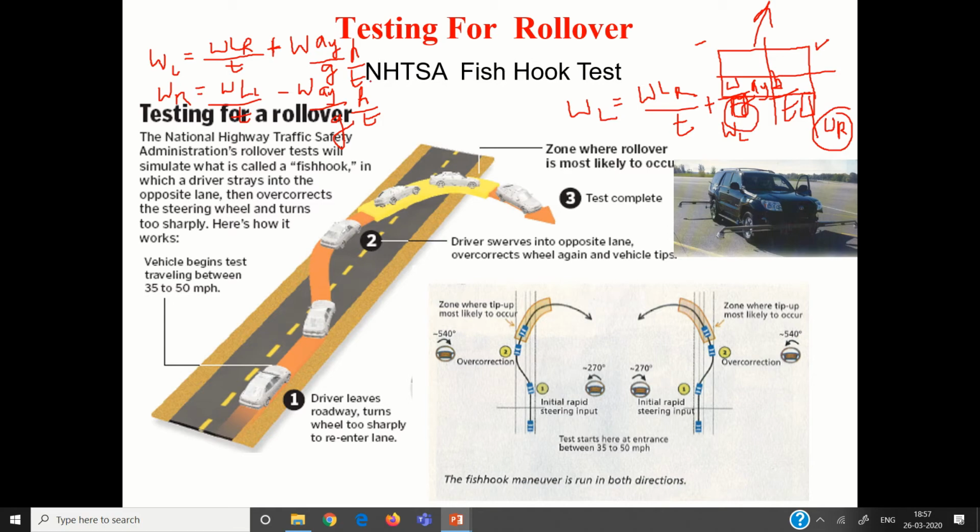A point will be reached, if I go on increasing, where this becomes 0. At that time, this gets lifted up and the vehicle turns over. That is rollover. So I have proved that AY by G is equal to H by 2T.